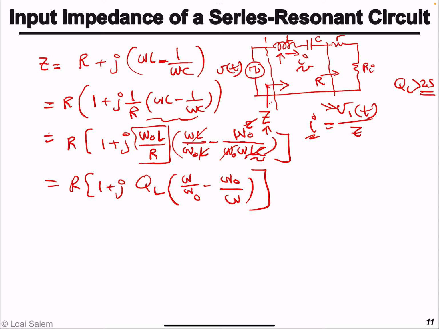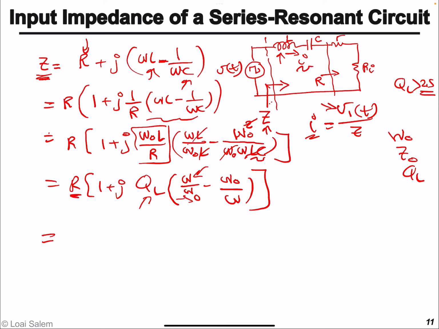Now, what I'm trying to do is, instead of expressing the impedance as a function of R, L, and C, express it as a function of omega naught, Z naught, as well as the loaded quality QL. Right now we have QL, omega, and omega naught. The only remaining parameter is R, and we need to replace that.